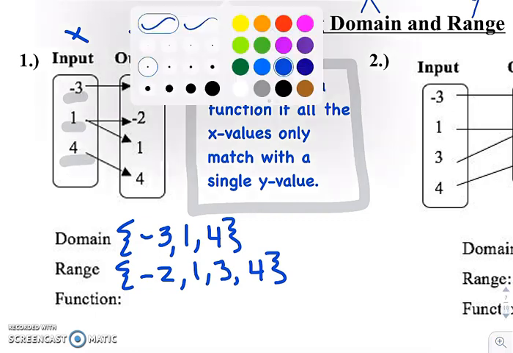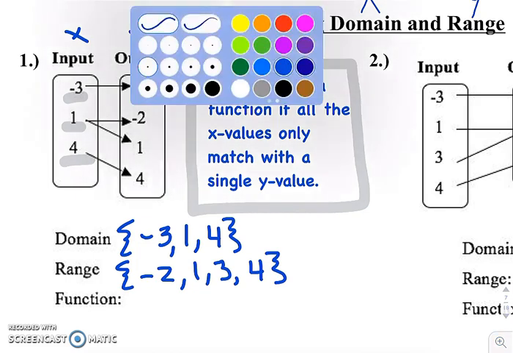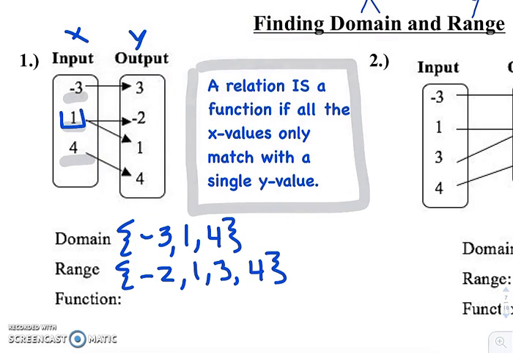Each one of them can only match to a single y value. Because the x value of 1 goes to -2 and 1, this is not a function.